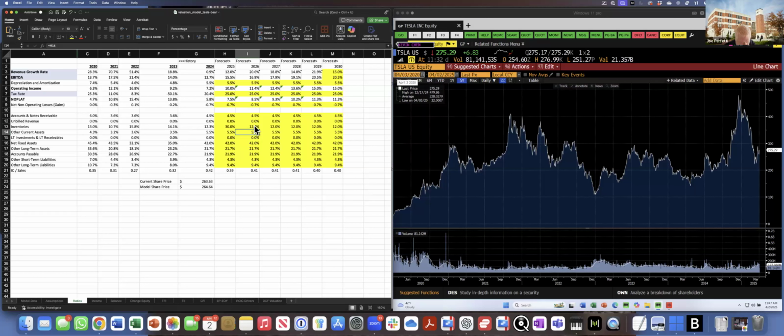Any other thoughts? Would you change the revenue growth rate? Would you change the margins? What about the Trump tax cuts?